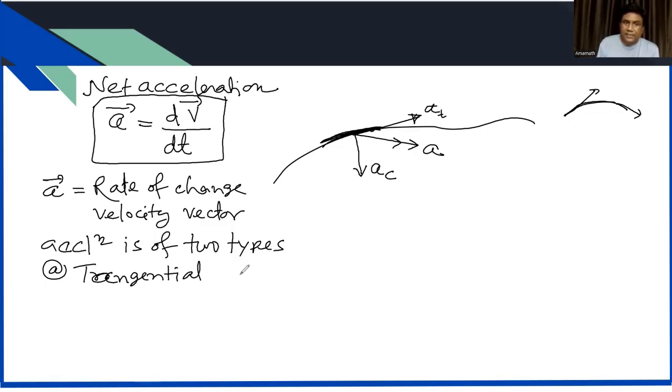The tangential acceleration symbol is AT. And what is tangential acceleration? Tangential acceleration is the rate of change of speed.